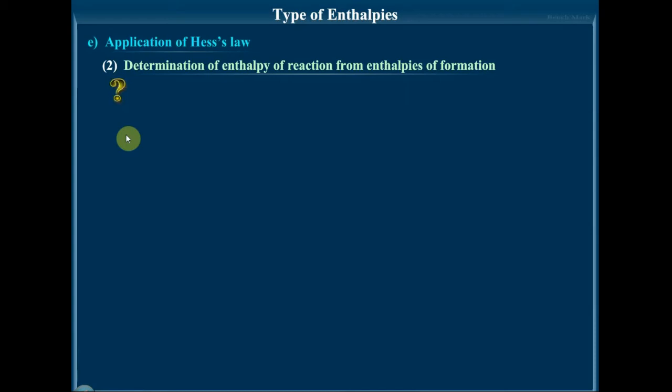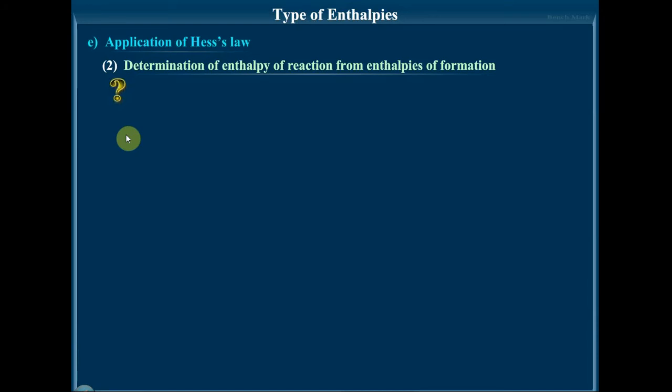So while doing problems based on determination of enthalpy of reaction from enthalpies of formation, we have to understand certain points. That is, the reference state of elements taken is the pure element in its most stable state of aggregation at 298 Kelvin and 1 bar pressure.